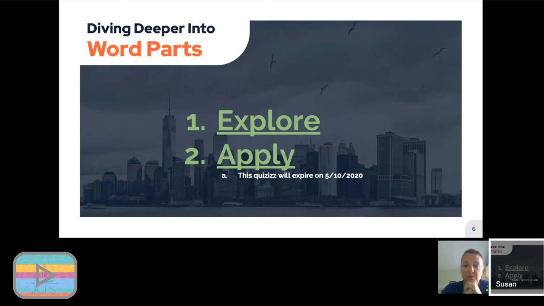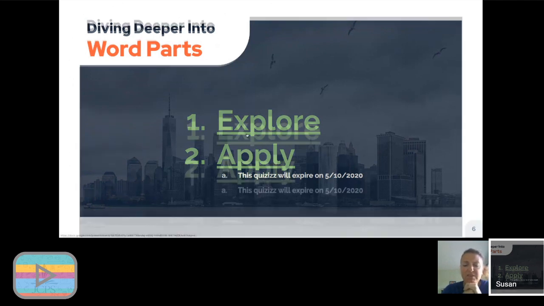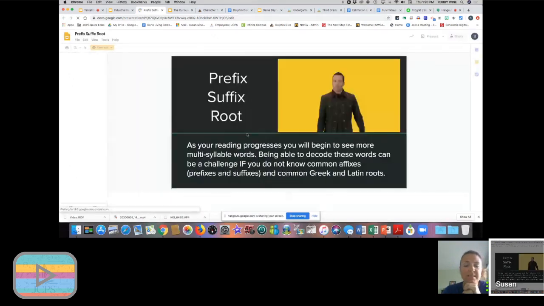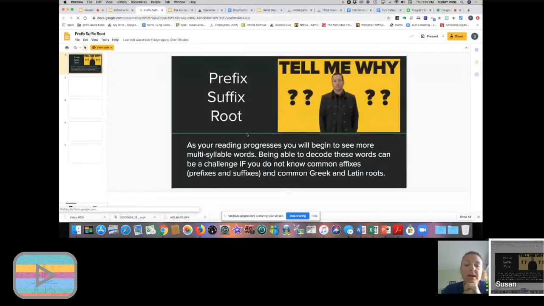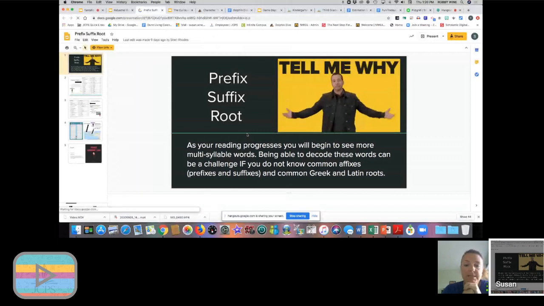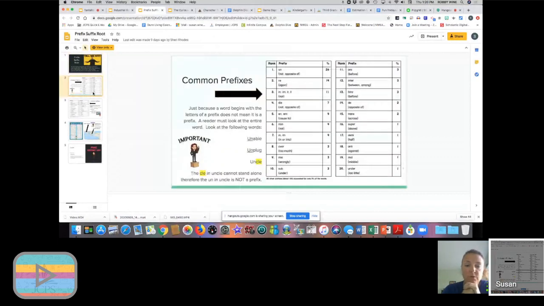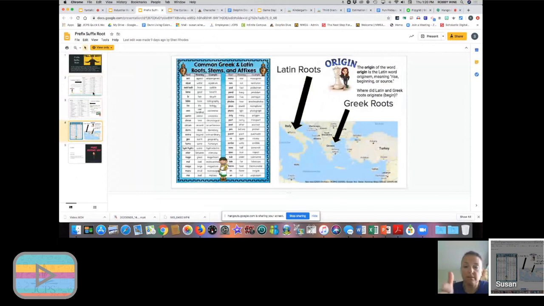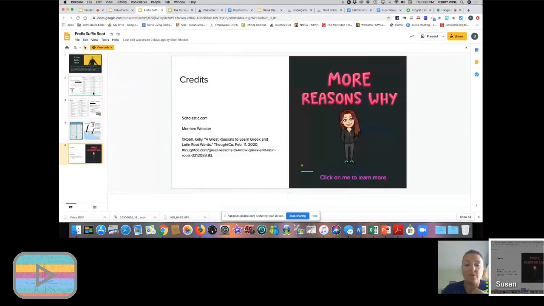So if you want to hit the explore part, this actually links to another set of slides where they're reviewing prefixes, suffixes, root words. These little things that are on these slides are all things that they already have in their notebooks.